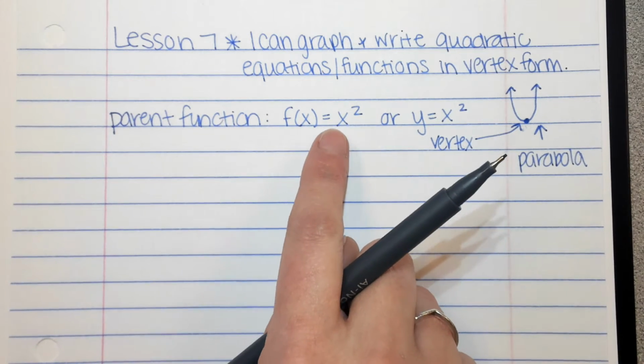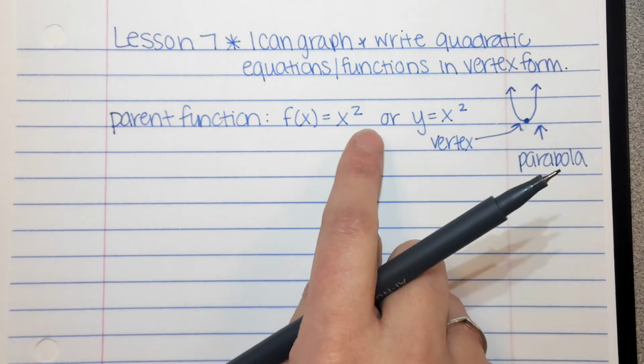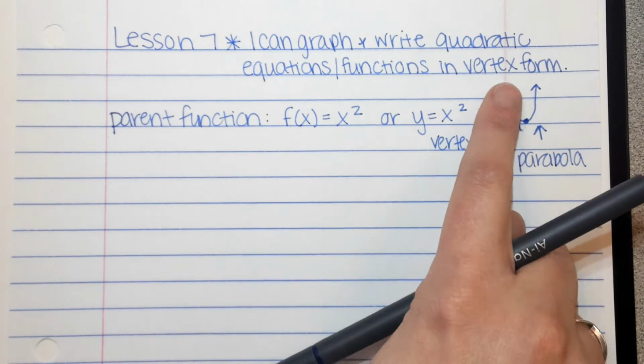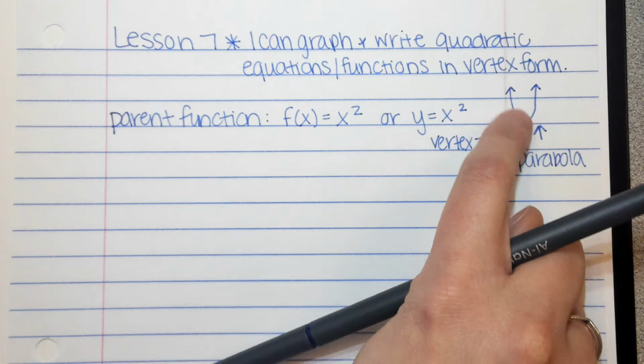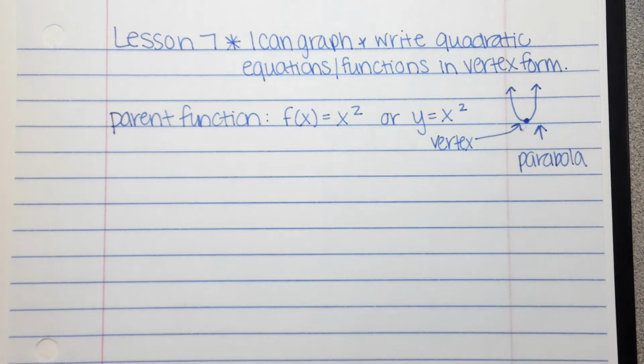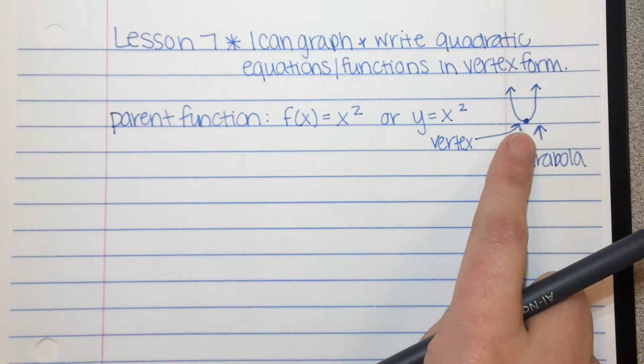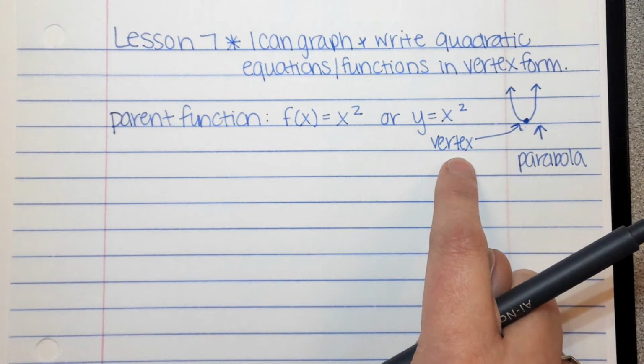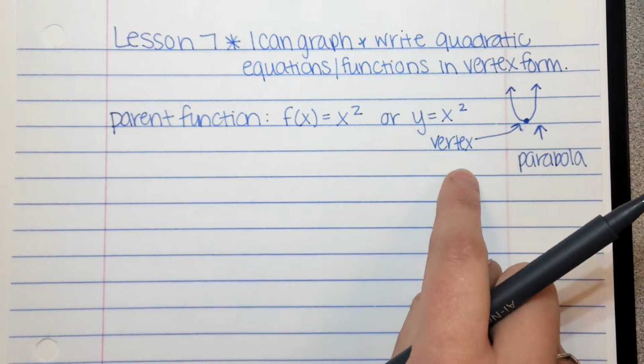When you graph a quadratic equation or function, it is a parabola. It's a U shape, okay? It's a nice U-shaped graph. When we did absolute value, we had a V. These are U. And that point at the very, very bottom, or it could be the very, very top, is called the vertex. So we're going to talk about the vertex form.